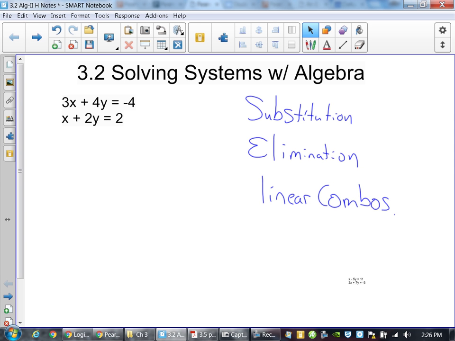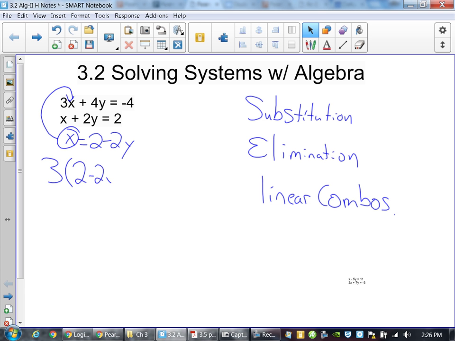So what do you want to do, substitution or elimination here? We'll do them both. If I do substitution, I'm going to say x equals 2 minus 2y. Everybody okay with that? I take this value of x and substitute back in. 3 times the quantity 2 minus 2y, plus 4y is -4.